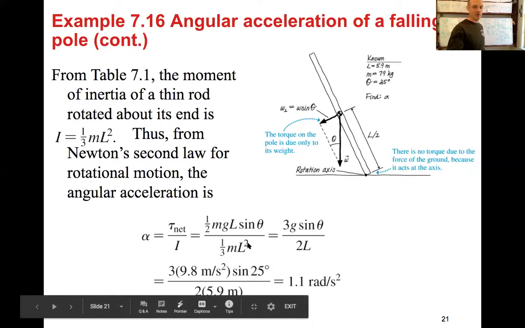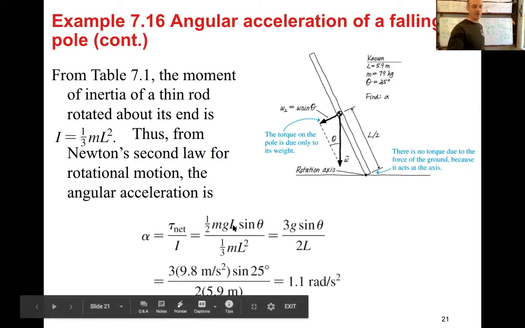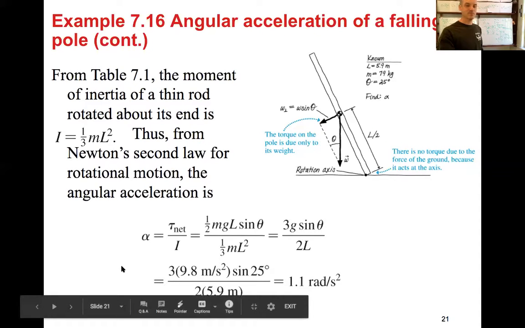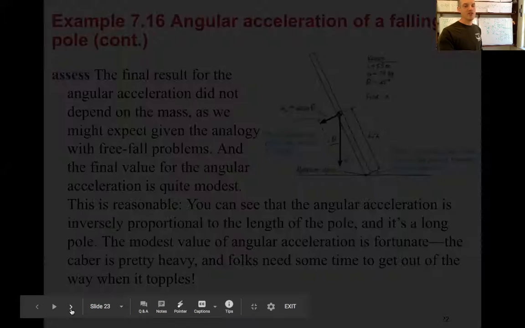Boy, where did the square go for them? Oh, they canceled out one of the lengths. That's pretty tricky. Interesting. So yeah, we got the same result, but a little bit different application there.